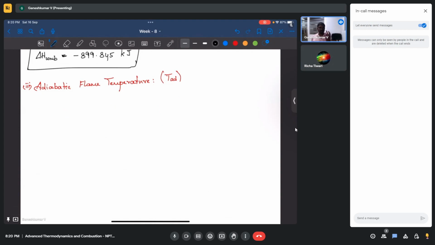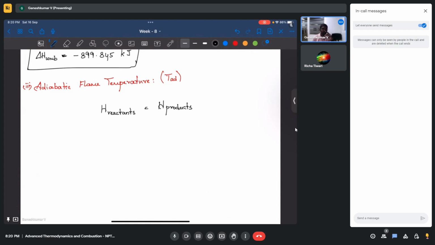Initially we have reactants and we allow them to combust in an adiabatic setup. Which means no heat is allowed to go out, and also no work is allowed to go out. So as per the first law of thermodynamics, the enthalpy of reactants is equal to the enthalpy of products. But that doesn't mean the temperature will remain the same.